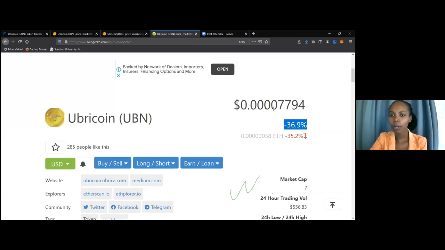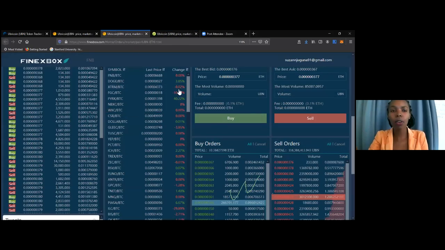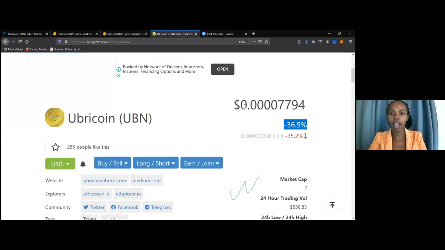I think you're comparing different things, because here we have dollars, and in Finexbox we have ETH. So I think what we should do is convert these to dollars so that we can get what is here in CoinGecko.